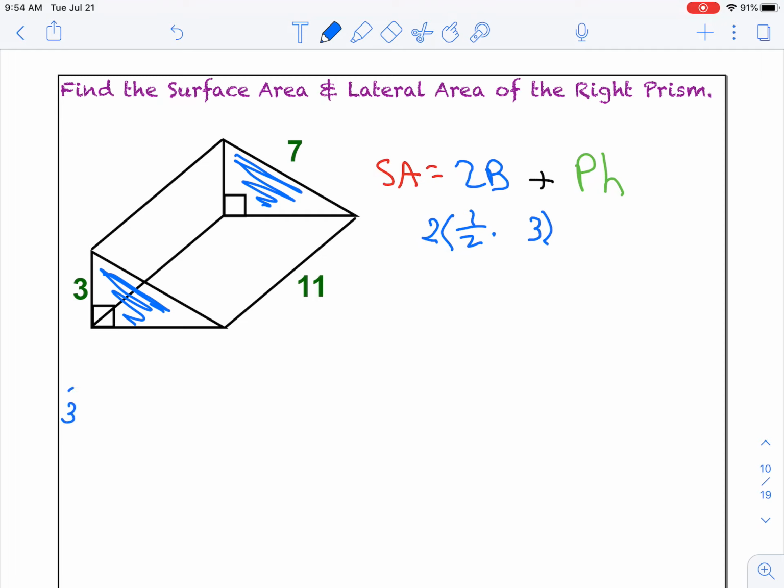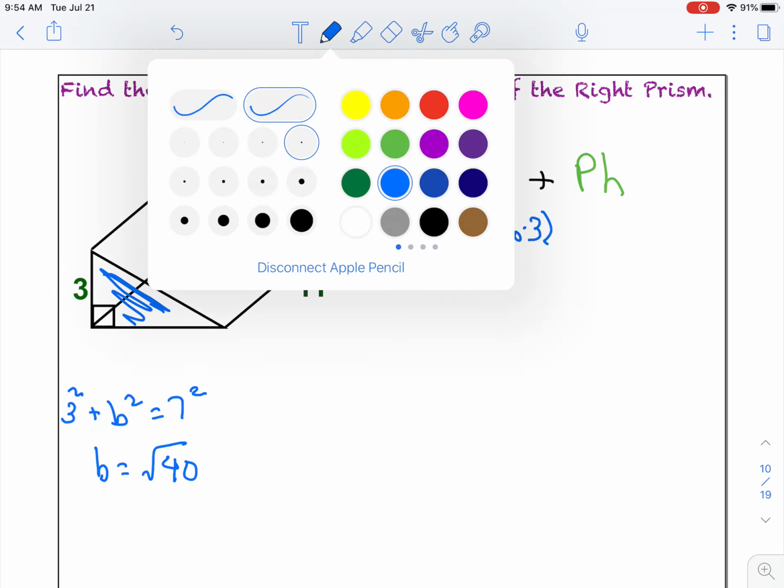So I would take 3 squared plus b squared, my base squared, is equal to 7 squared, because this is 7 over here. What that gives me for the base of the triangle is the square root of 40. So that is the area of the base. Multiply it by 2, that gives me both base areas covered.